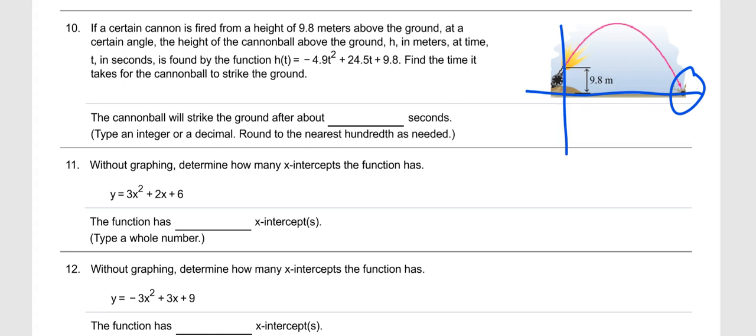But if this question is not about how many times the cannonball hits the ground, if it's not about does it reach a height of 1,000 meters, if it's more about when is that happening, if the question is asking you to solve or what are the solutions, or in this case, when does it hit the ground, then you have to do the whole quadratic formula. You have to do step 1 and step 2.